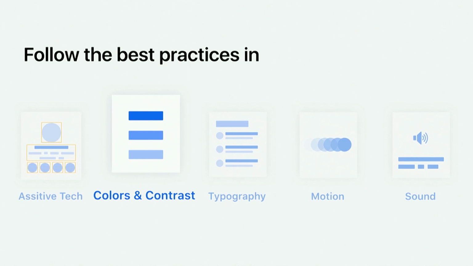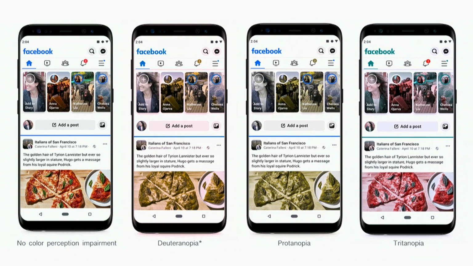The second chapter is about colors and contrast. So this is how people with color perception impairments see the world. Color perception impairments are usually inherited, or they can happen in your life due to age-related diseases or certain specific medications.